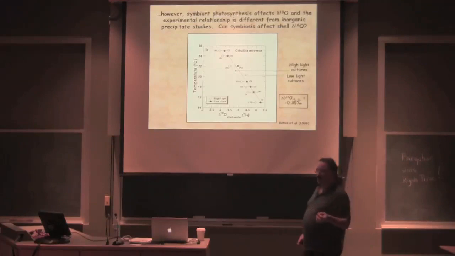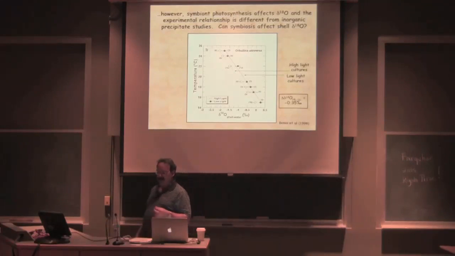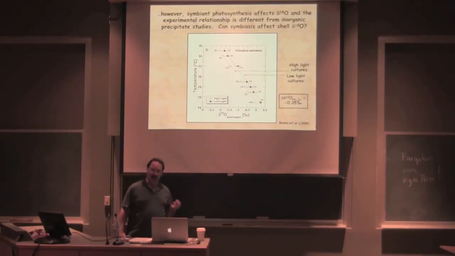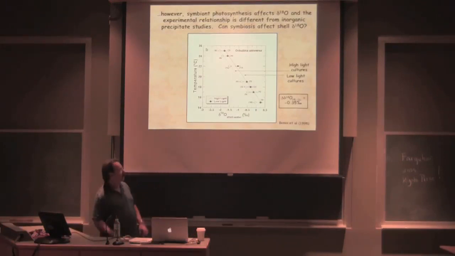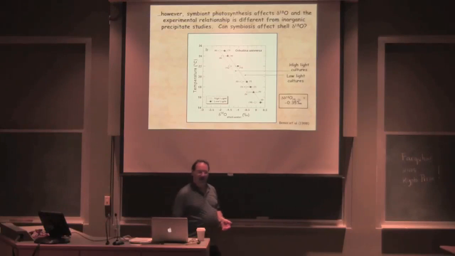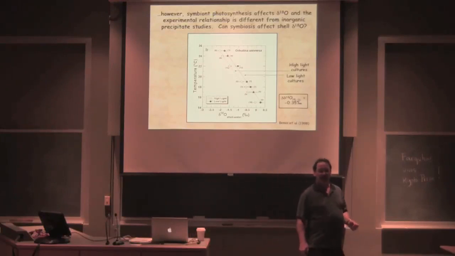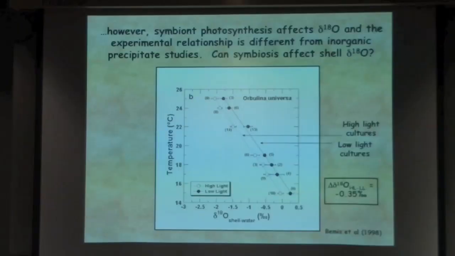And because the mass spec that we had around 2000 could really measure small samples and we had really good precision, we were able to demonstrate that there is about a 0.3 per mil offset in O18 between foraminifera that grow in high light and grow in the dark. And nothing in that oxygen isotope relationship says that physiology should have an effect on the oxygen isotopes, because organisms don't use oxygen per se.